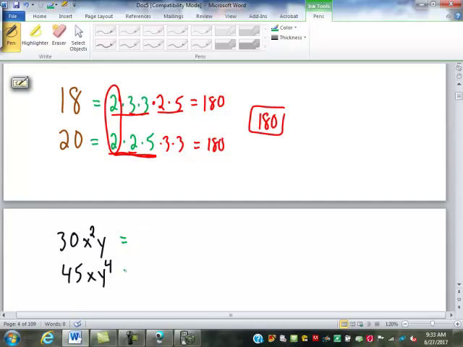Throwing in the variables always makes it more fun, right? So we factor that out. It's 2 times 3 times 5, and then x times y. The 45 is 3 times 3 times 5 times x, and then y.